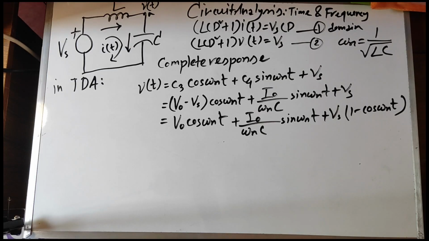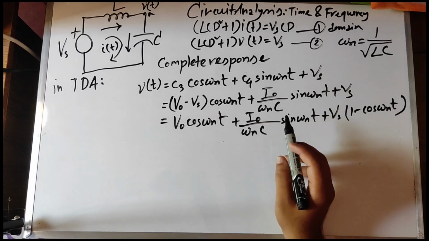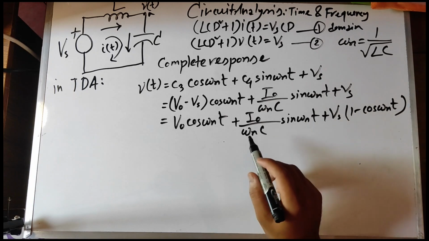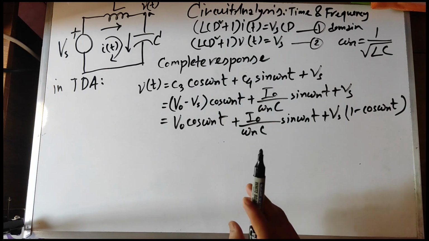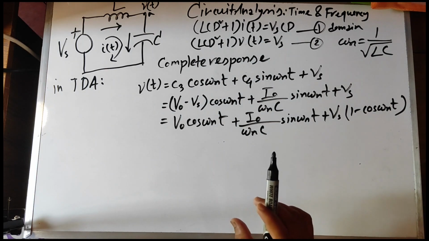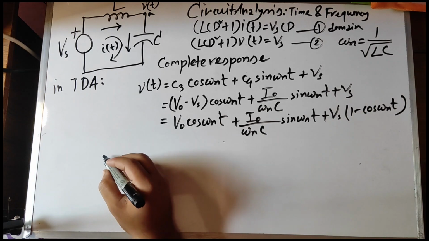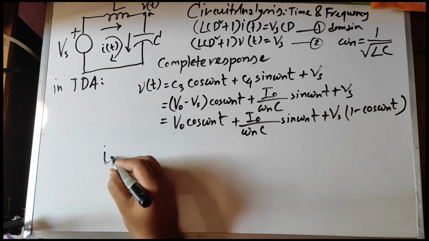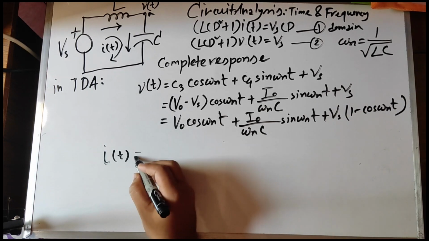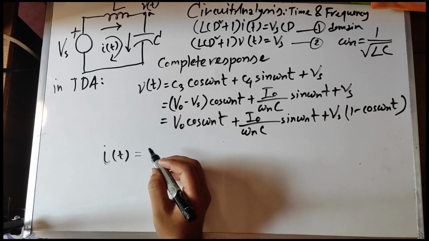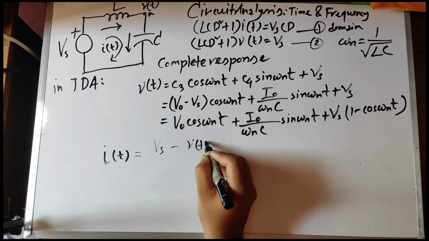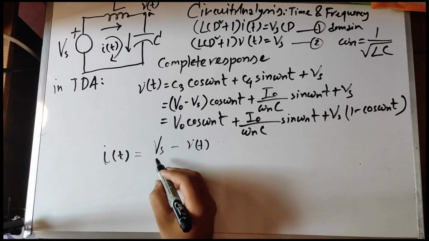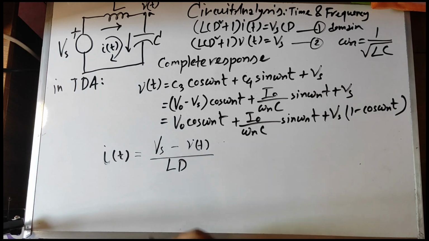So now if you want to find the current, I don't want to do the whole calculation for this differential equation. I will just use the formula: the current response is equal to Vs minus the voltage response, by LD.